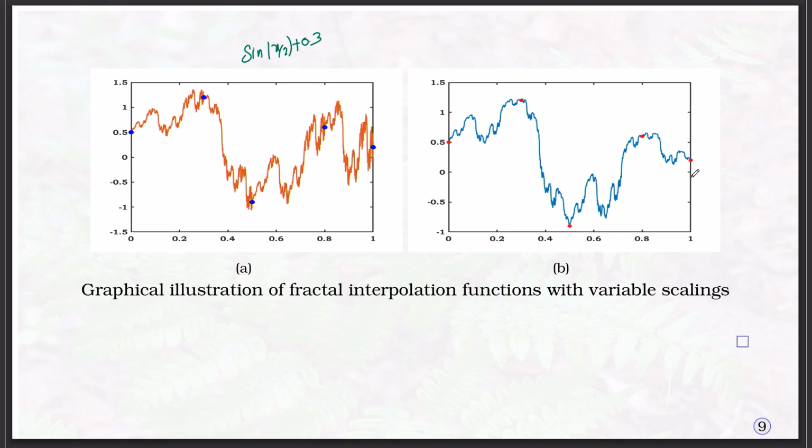You can observe that the variable scaling is determined by the function sin x by 2 plus 0.3; alpha 1 of x and alpha 2 of x all depend on the value of x.